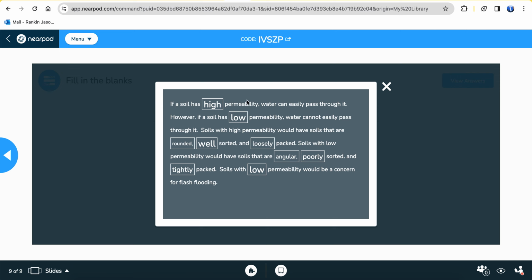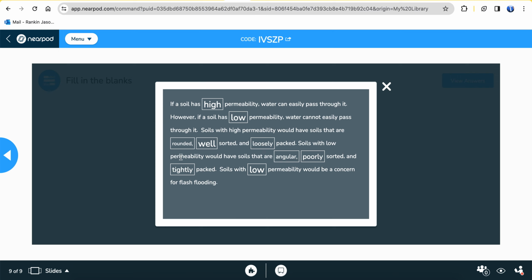So remember, permeability is the ability of water to pass through a substance, right? Substance meaning a soil or rock. Soils with high permeability, the ability for water to pass through faster than low, would have soils that are rounded, well sorted, and loosely packed. Those three factors will allow water to get through it fastest.